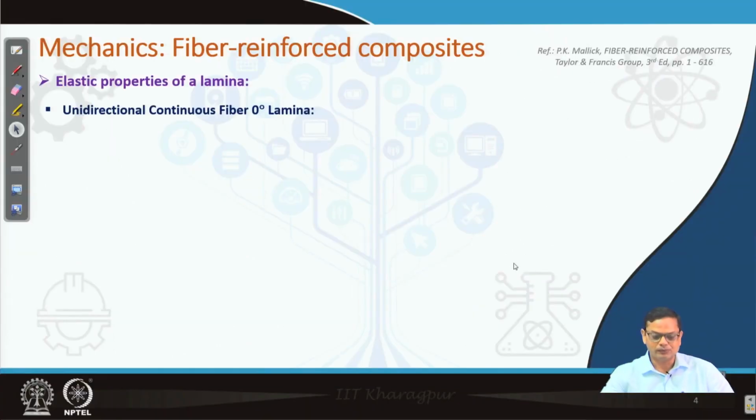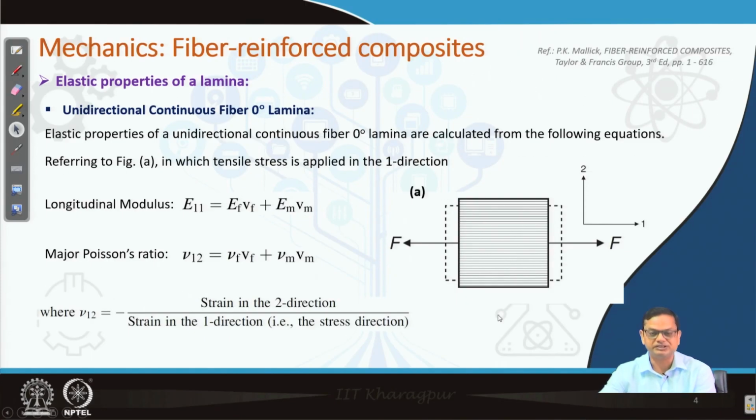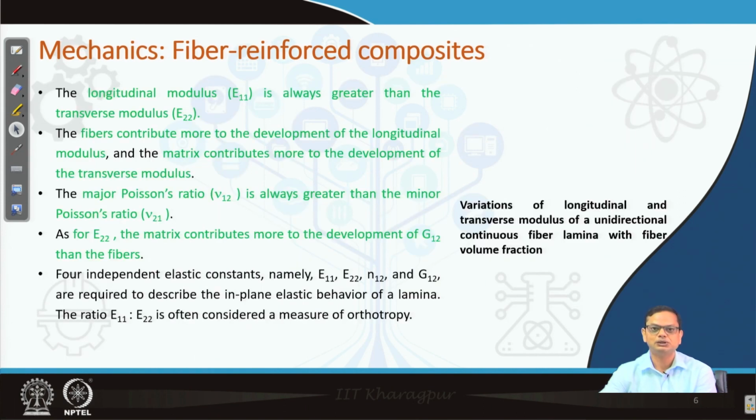Okay. Now, you can go through the slides which mention all these equations and explain them. Okay. So, ultimately what is happening here is that the longitudinal modulus is always greater than the transverse modulus.